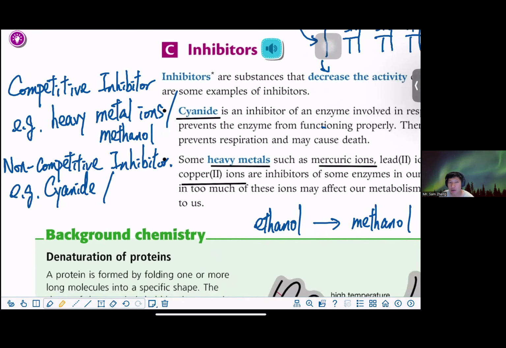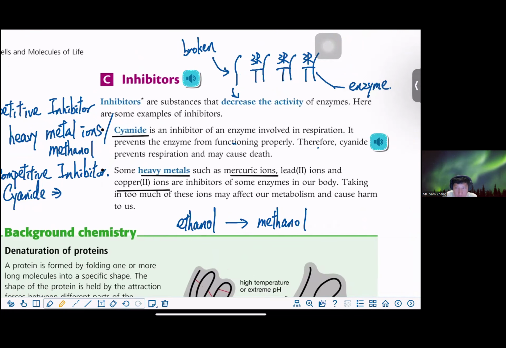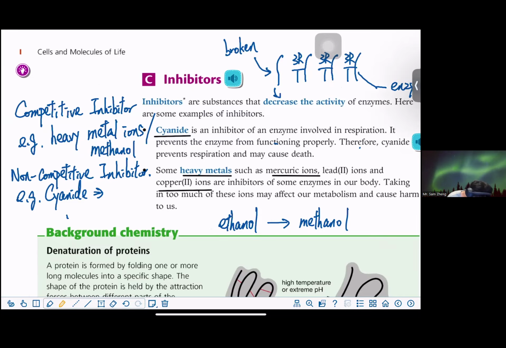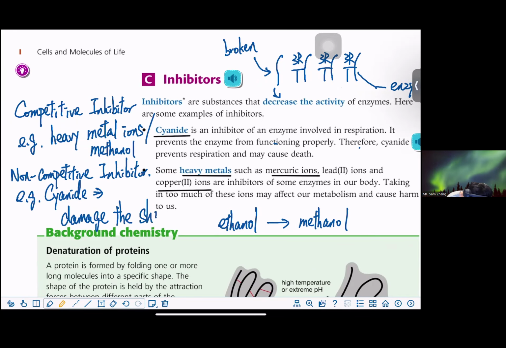These are what we call the non-competitive inhibitors. These substances will cause one thing: they will not exactly break the enzymes, but they try to damage the shape of the active site of the enzyme.